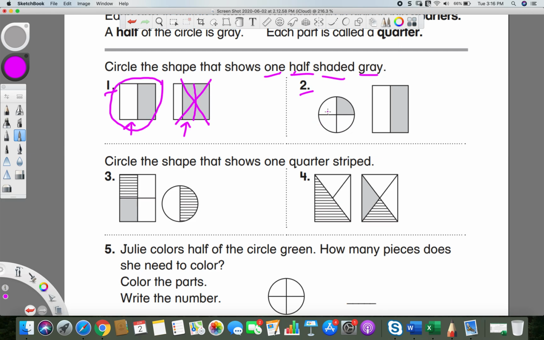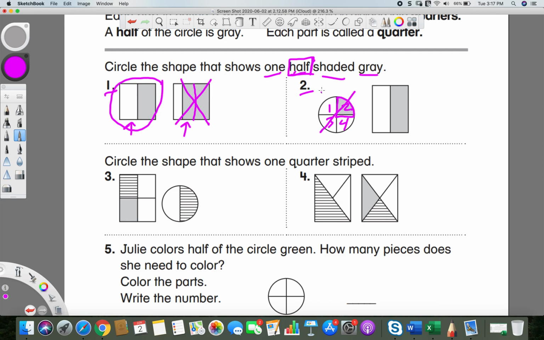This first one, this first shape, this circle here, it's cut into 1, 2, 3, 4 parts, right? And one of those parts is shaded. So that means only a quarter is shaded gray. Are they looking for a quarter? No, they're looking for a half.